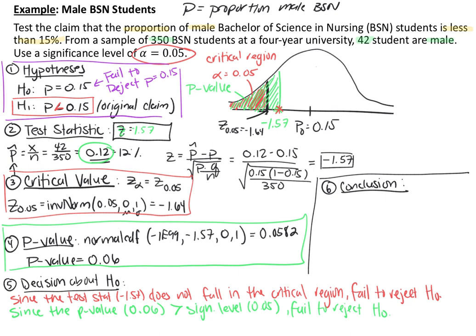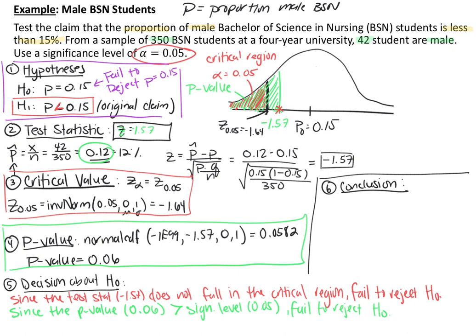Basically, we're saying that we don't have enough evidence to reject that the proportion of male students is something other than 15%. In this case, we're trying to see if it's less than 15%, but we don't have enough evidence to support that. Because we don't have enough evidence to support our original claim, we can't ignore the fact that p could be 15%, or 0.15.